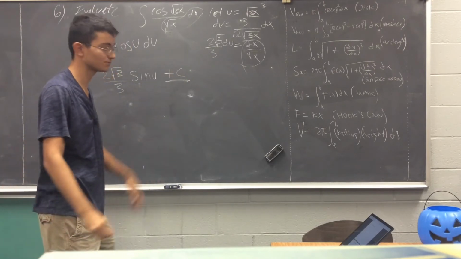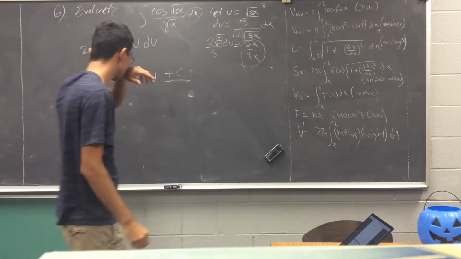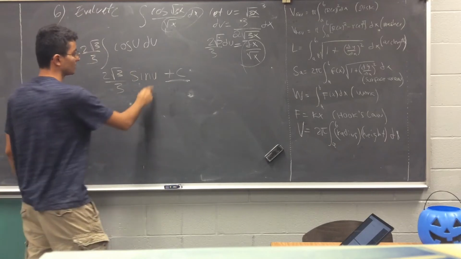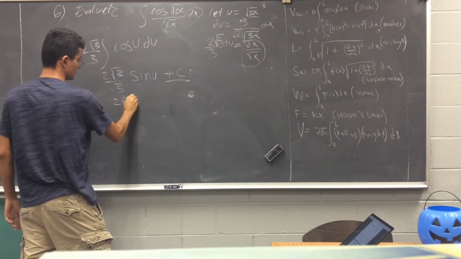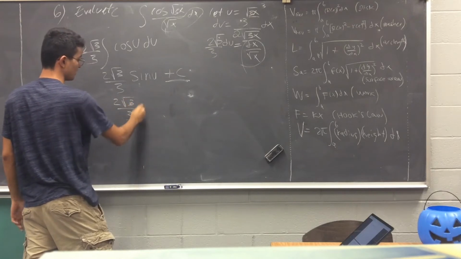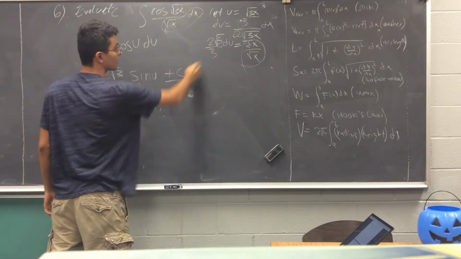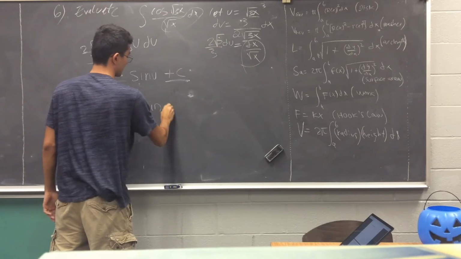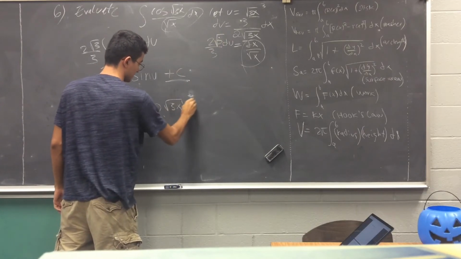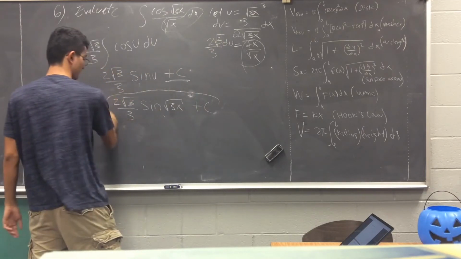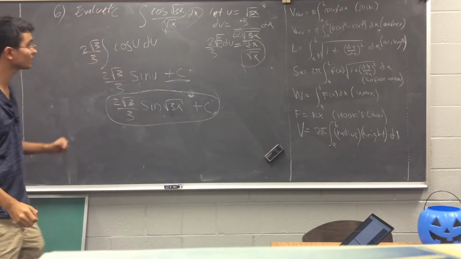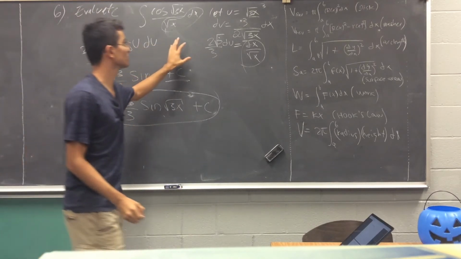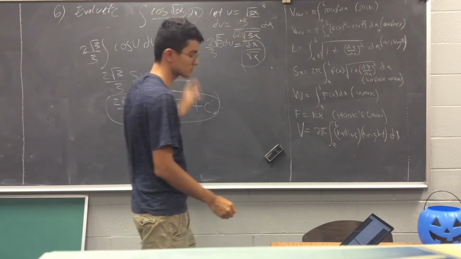You're going to get a lot of points off if you don't put c, your arbitrary constant. Now let's substitute back into u. So that's going to be 2 root 3 over 3 sine of the square root of 3x plus c. That's going to be the integral. Not very hard to do. Just try to look for these substitutions, they're very useful.